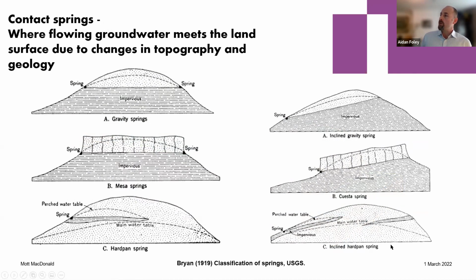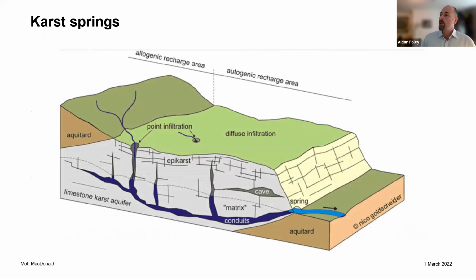And if you were to tilt it all up, thanks to plate tectonics, you have similar settings, but it might affect the distribution of the actual spring to the down gradient side of the topographic feature. I've mentioned karst springs. Karst springs are prevalent throughout the world.